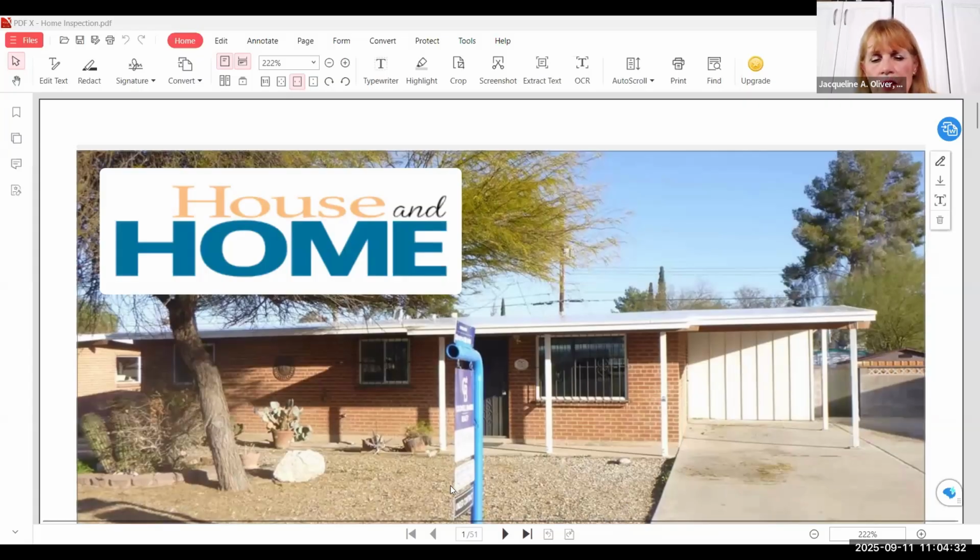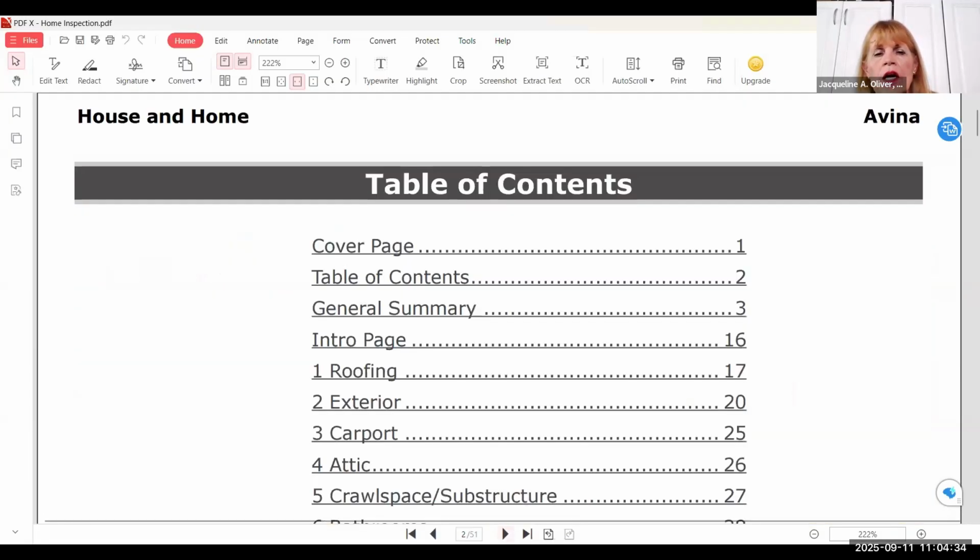And I'm going to go down here. Now, typically, if you have a good inspector, they're going to have a table of contents. And if this works, it should have a hyperlink to the different sections. So like I told you before, there are certain areas that they inspect.